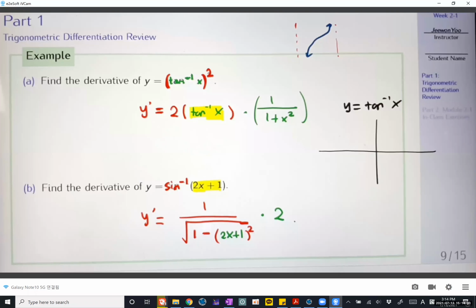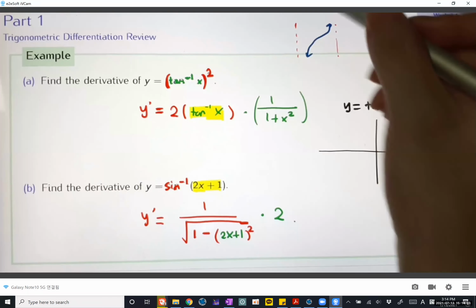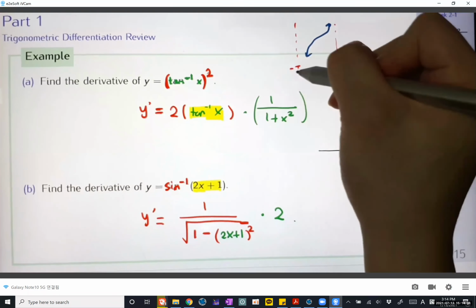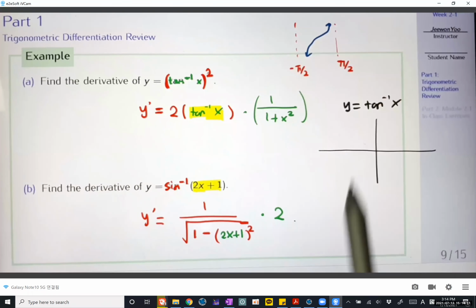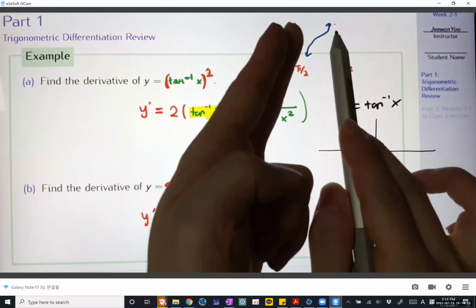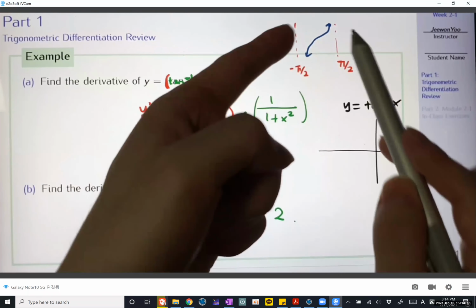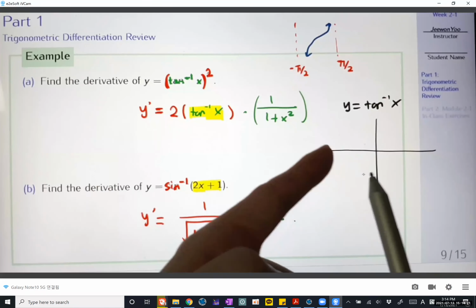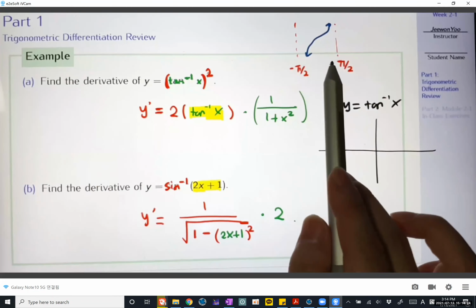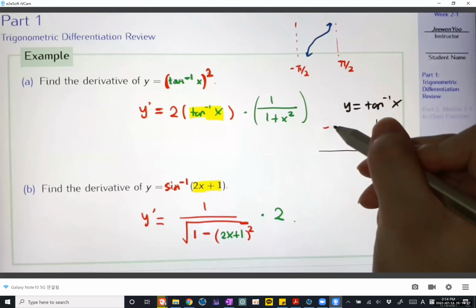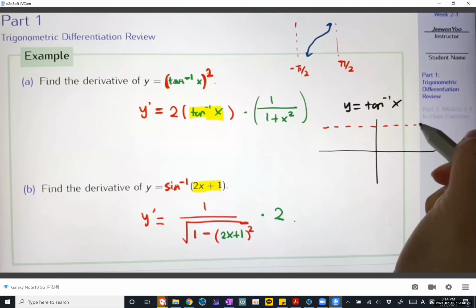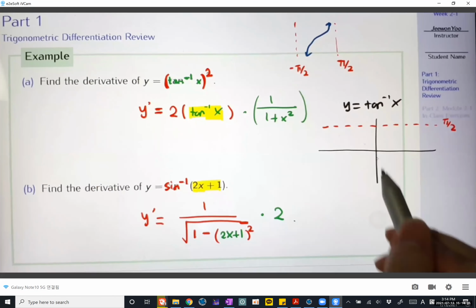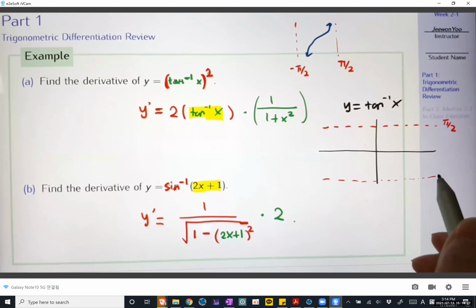Okay, good job, Tom. The tangent x curve has asymptotes at pi over 2 and negative pi over 2, like so. So inverse means you switch x and y. Switching x and y means if you had vertical asymptotes before, you should have horizontal asymptotes for the inverse. So instead of vertical asymptotes, we now have horizontal asymptotes at pi over 2 and at negative pi over 2.